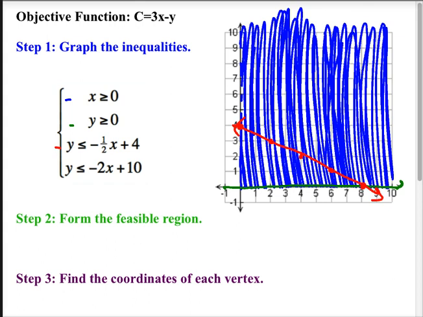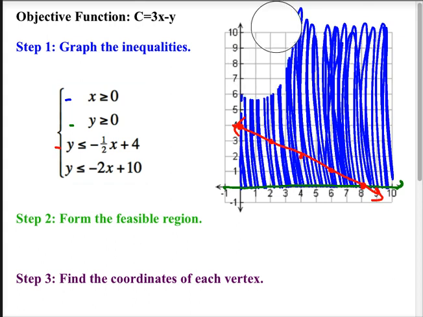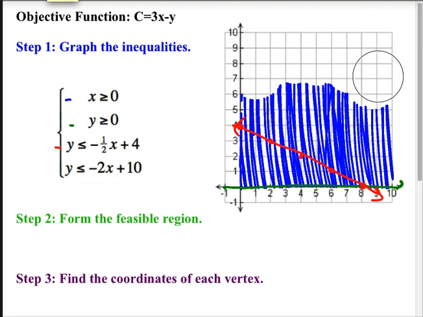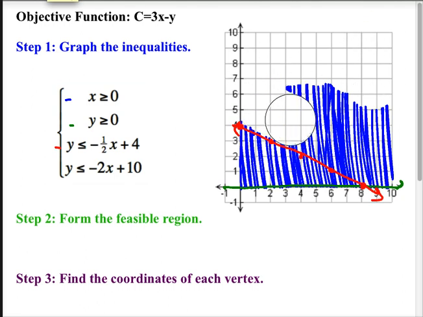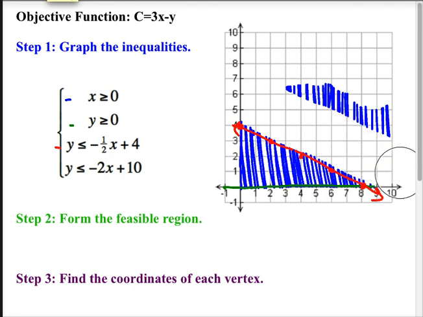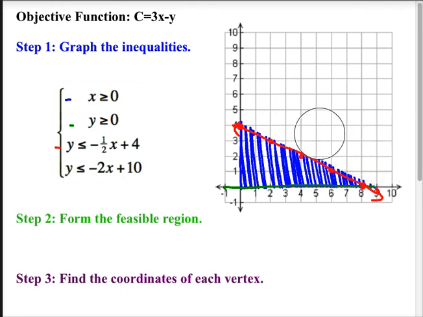And if I want less than, means I don't want anything greater than. So I'm going to erase everything that is above that line. Okay, this is why it's going to be very important that you have a pencil for class.